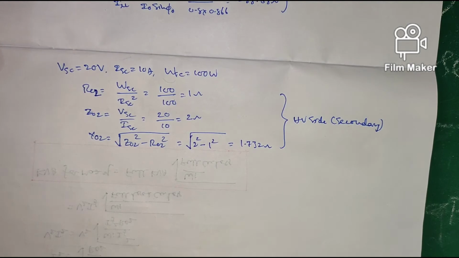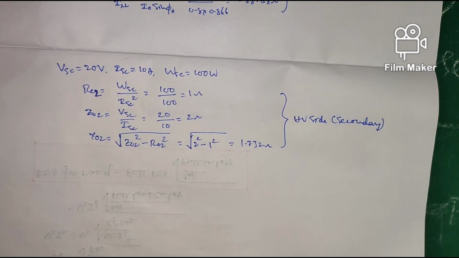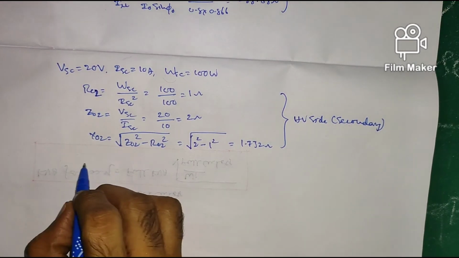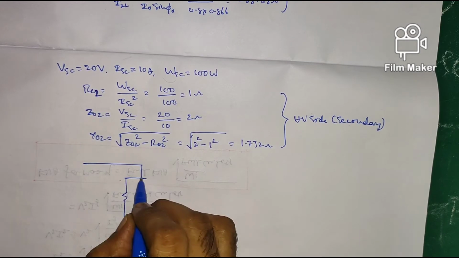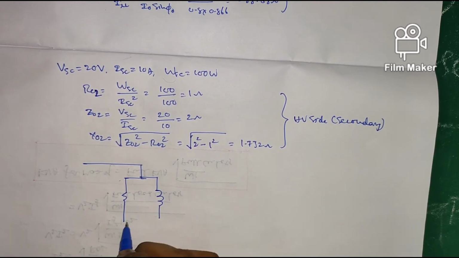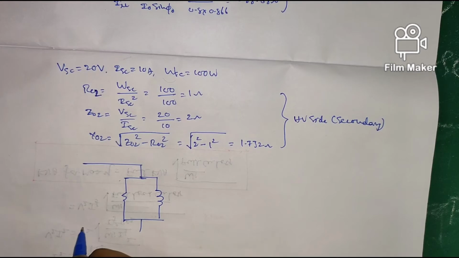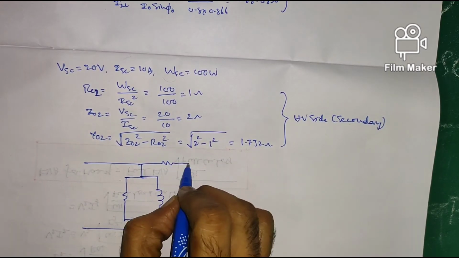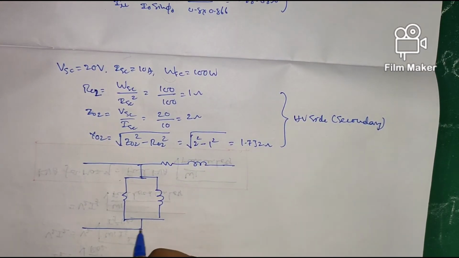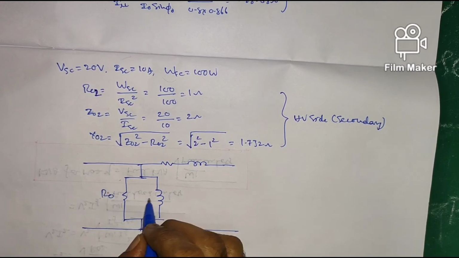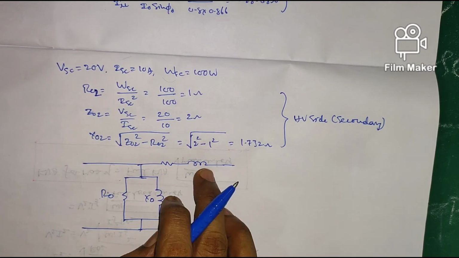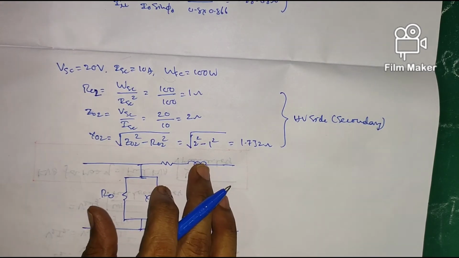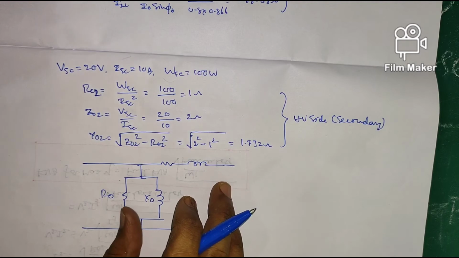And in order to draw the equivalent circuit, when the equivalent circuit is drawn, R0, X0, and whatever total resistance and total reactance that we represent here, all these parameters should be referred with respect to one side.